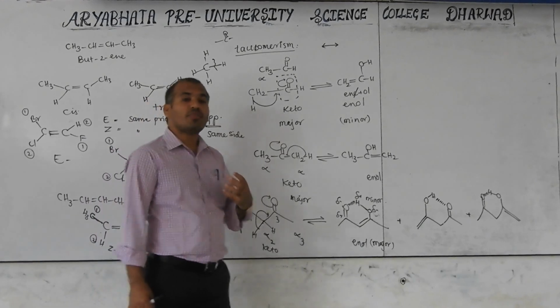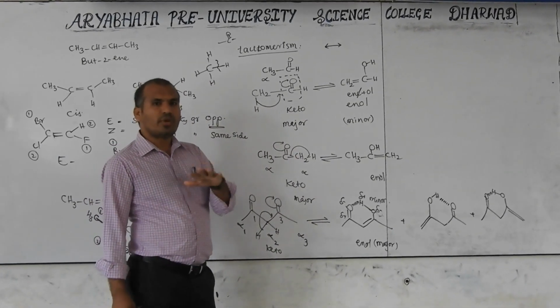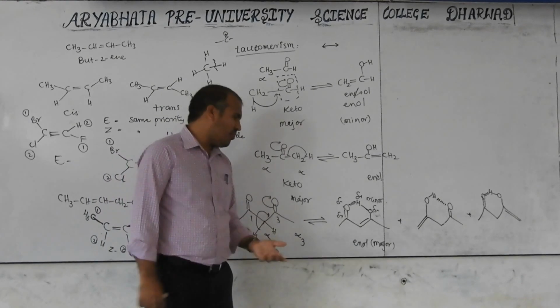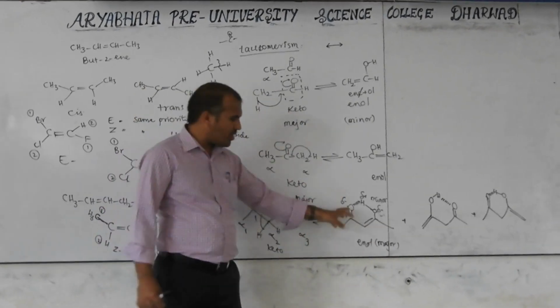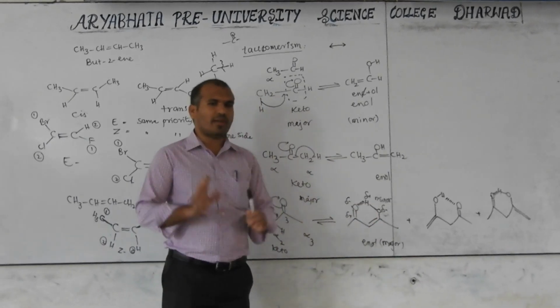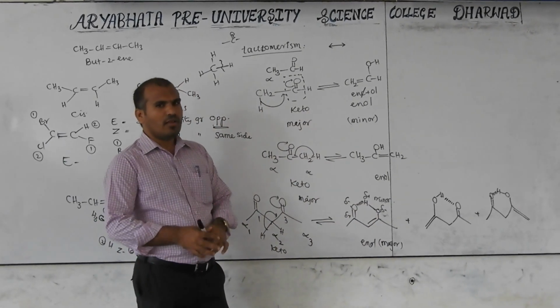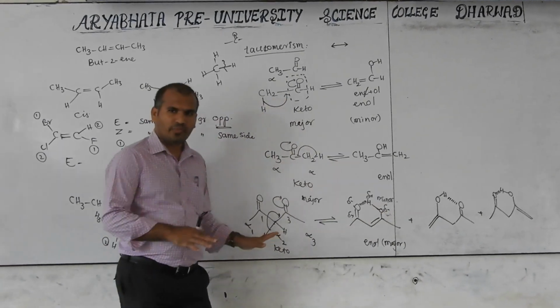You may study hyperconjugation for the first time. Alpha hydrogens on an alkyl group give the major product, the more stable form. So this is a major form with respect to hyperconjugation or conjugation. How to identify? Once again, I explain very simply. The hydrogen-bonded enol form is major over the keto form.